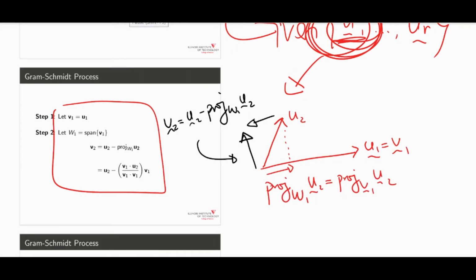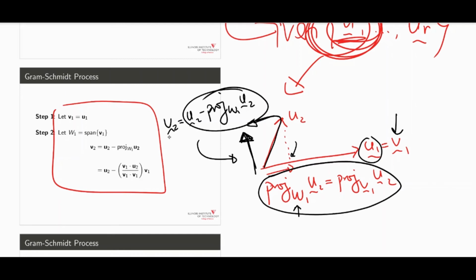For convenience, I draw the picture here to illustrate what happened in the first 2 steps. First step here, pick the U1 that's given. You call it V1. So you look at the span. It's called this vector space W, but it's just V1, doesn't really matter that much. Do the projection just like the example that we have seen, and you know that this and this will make this vector, and this vector right here is going to be perpendicular to these vectors, and we call that V2.